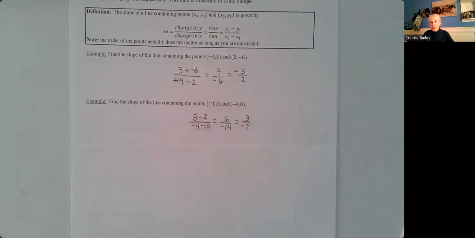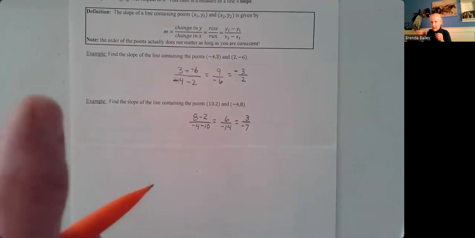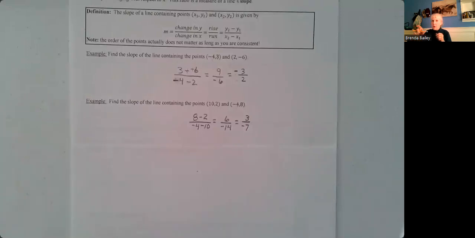There's your slope, -3/7. So that means if you change the x by 7, and I usually go to the right on that bottom one always, you're going to drop 3. Every time you change the x 7 places, the y drops by 3 from each point to each point.